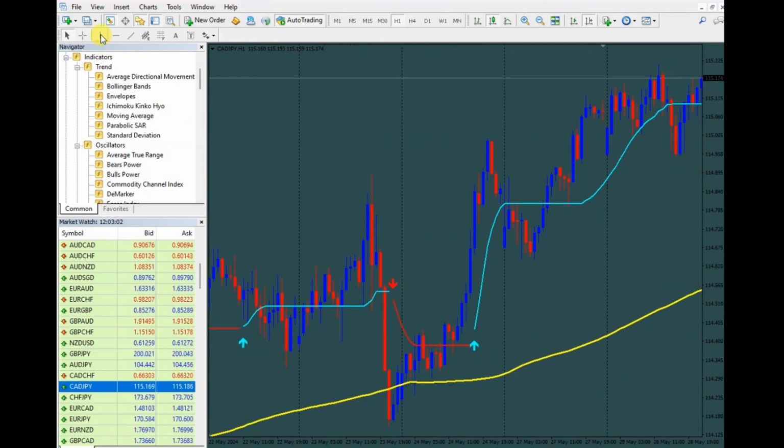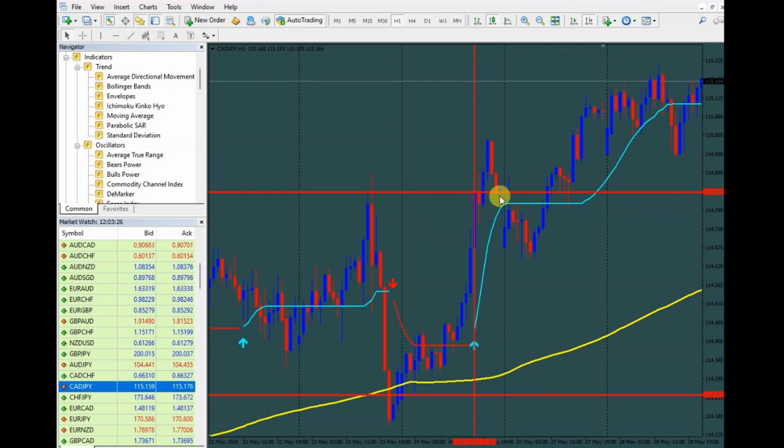Again, at this point, we have another signal here. We get a signal here, and here, this is our swing, the last swing low here. So we open our buy trade here.